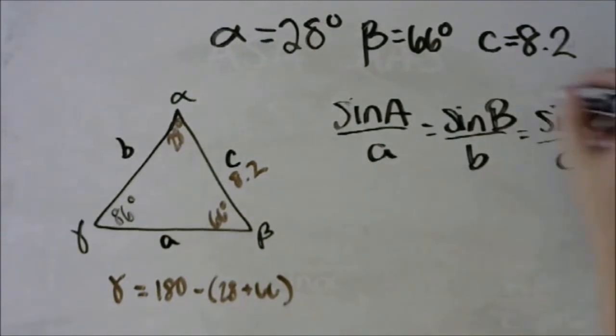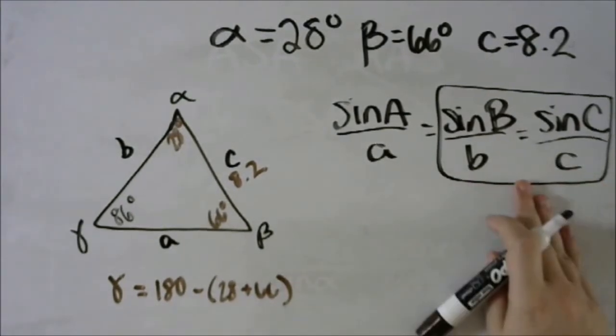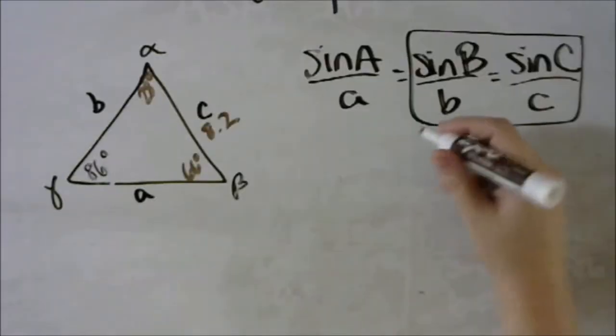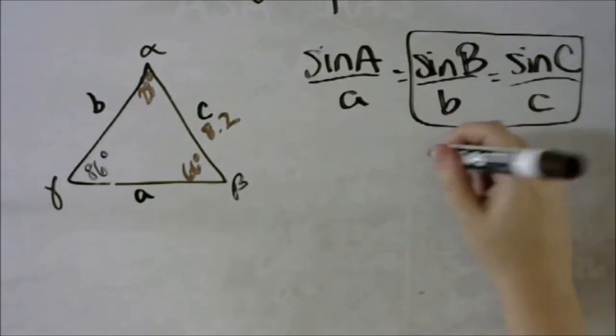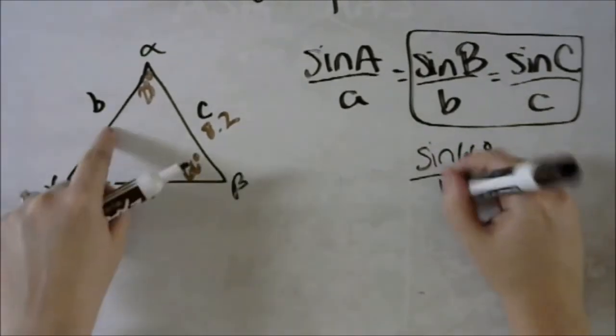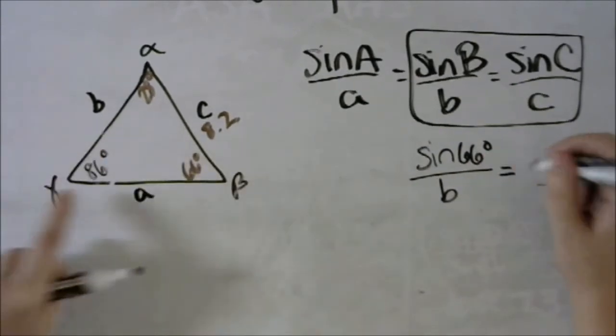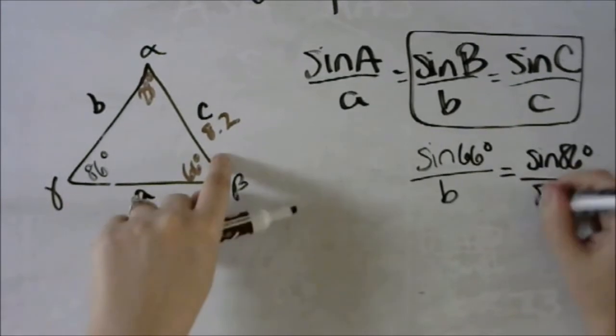So we'll be using this portion of the law of sines, and then we'll be using the sine A equals sine C portion. Let's start with B since they're adjacent. We're going to write that the sine of 66 degrees over the unknown side B is equal to the sine of 86 degrees over 8.2.